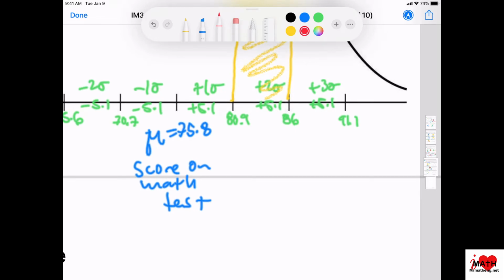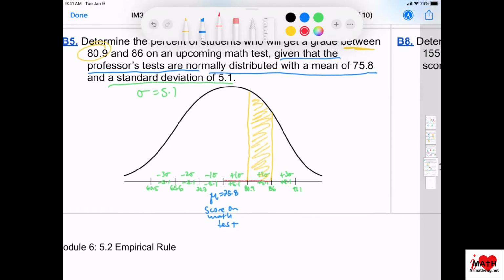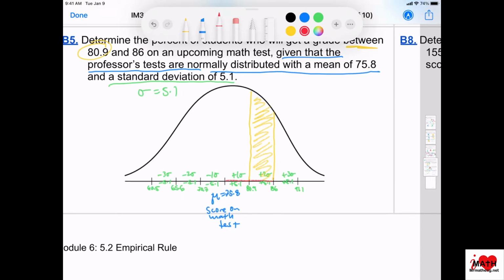The worst thing you can do is just subtract the horizontals, because that's finding how many points apart the test scores are. Well, we're trying to find the area under the curve, which is the yellow. So notice how this is 1 standard deviation away and this is 2 standard deviations away. So in this problem, I'm going to have to use 2.